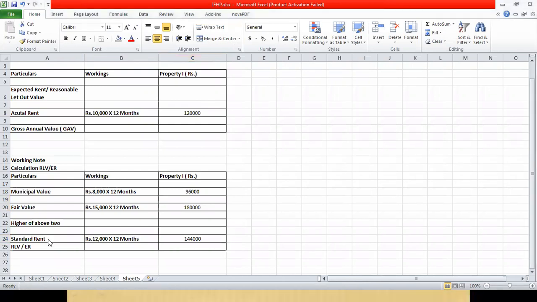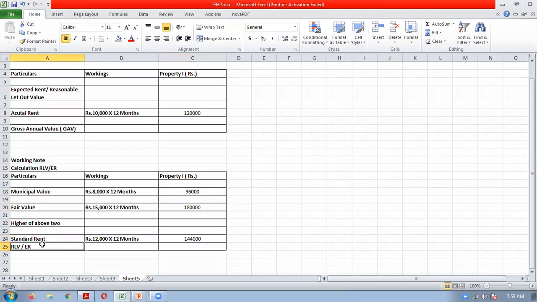Now here standard rent is there. So how will we calculate the RLV? First we will compare the municipal value and fair value. Write the higher one. Which is the higher of the two? 96,000 and 1,80,000. 1,80,000. So this we will write down.